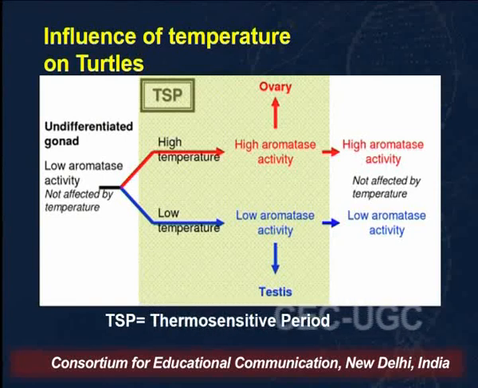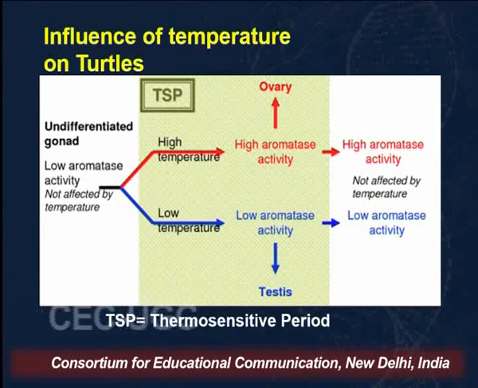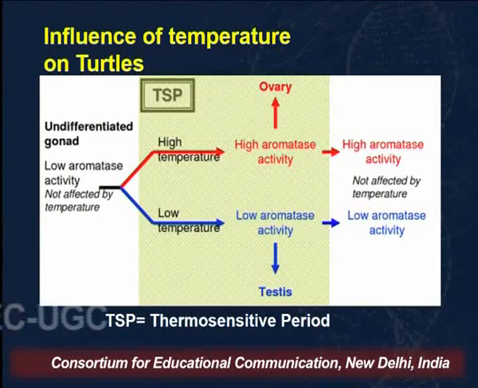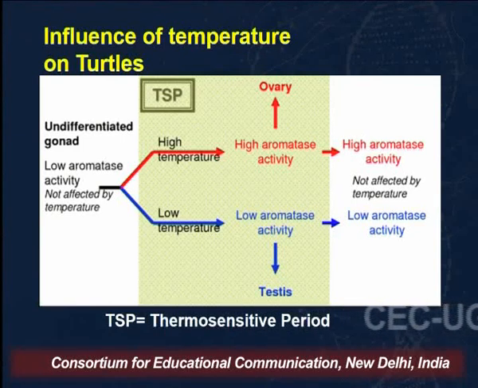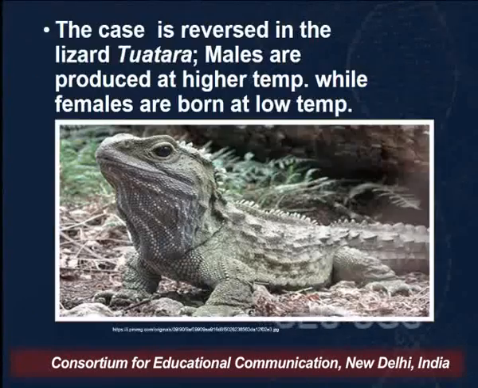So we are going towards femaleness. If the temperature is low, the aromatase activity is less, and as a result the ovaries are not produced, but instead testes are differentiated. So the temperature fluctuation itself is going to modulate the synthesis or the activity of the aromatase enzyme.